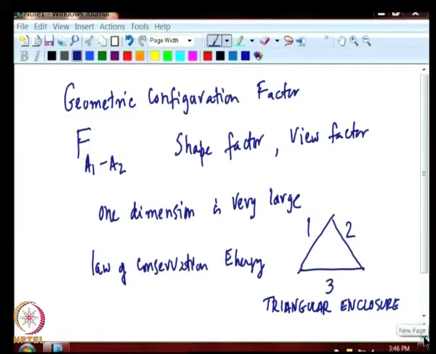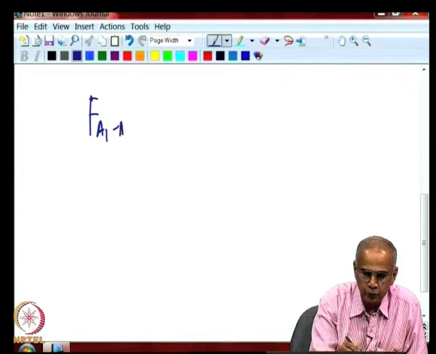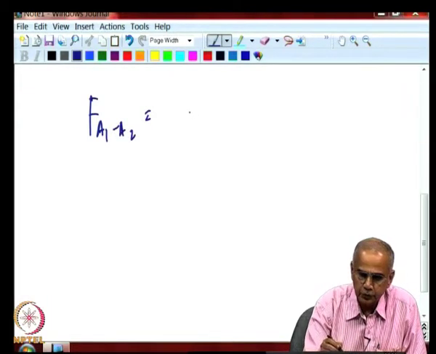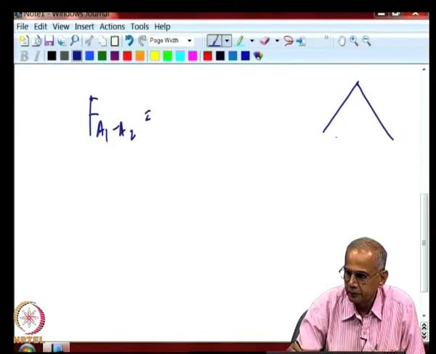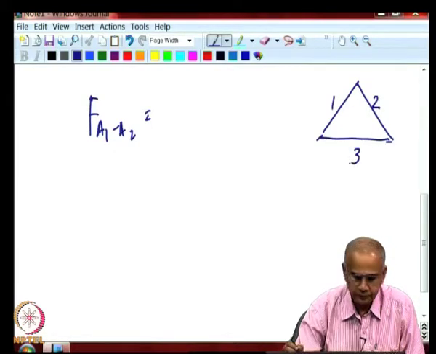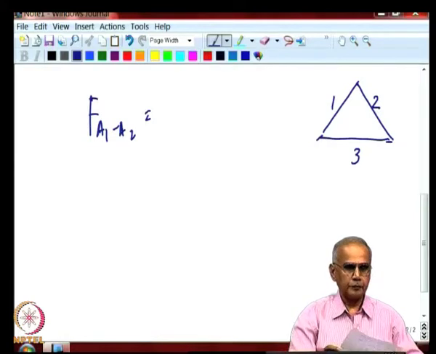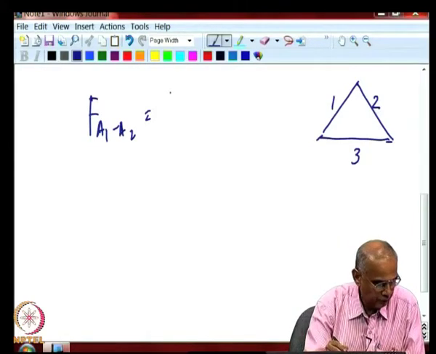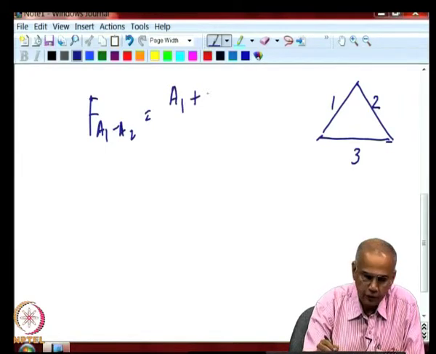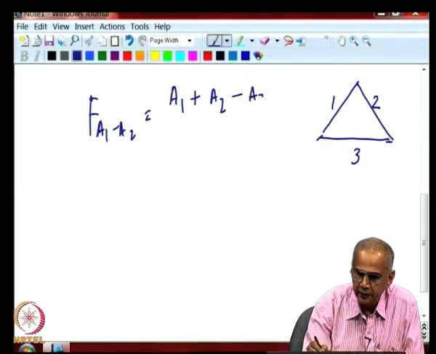So, in the last class we derived this equation using both the law of conservation of energy and reciprocity, and we saw that F A1 A2 was equal to, suppose we draw the triangular enclosure here, an expression for F A1 A2, that is between 1 and 2, in terms of the area of A1 plus area of A2 minus area of A3 divided by 2 A1.